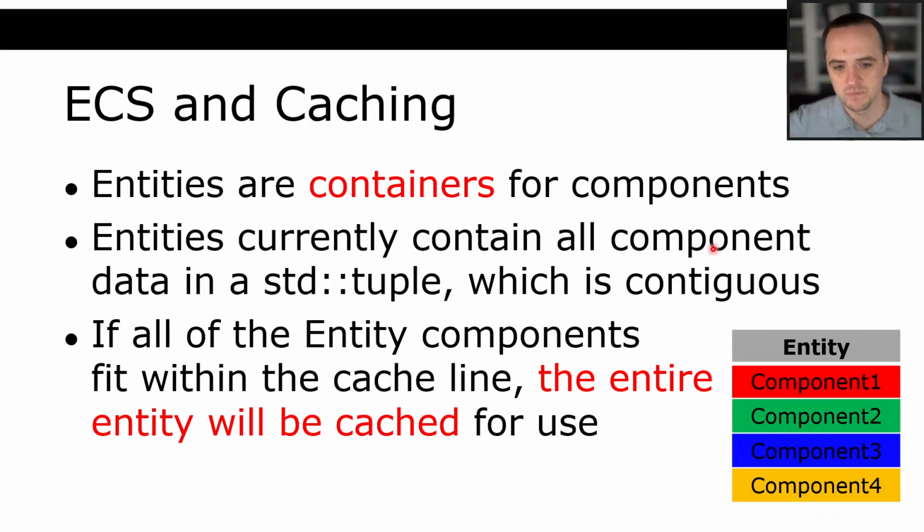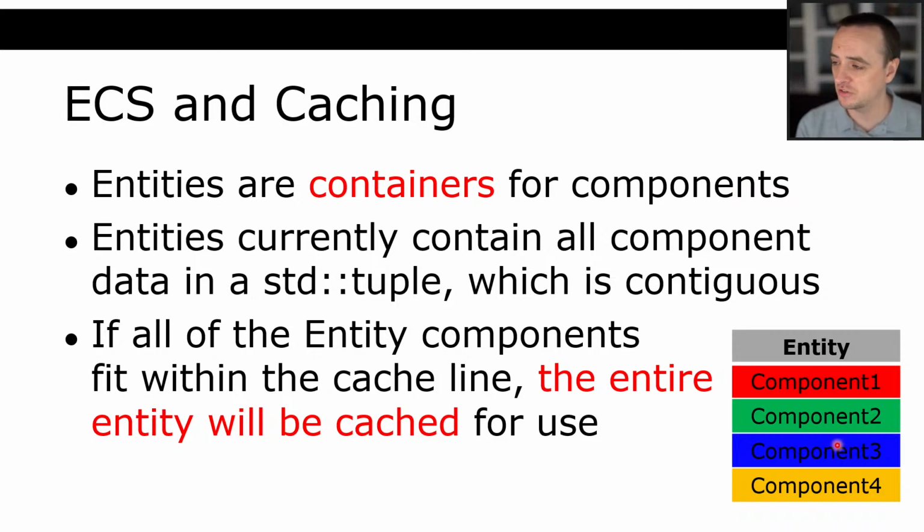That's really cool. So whenever we look up an entity, sure, there's a cache miss because it was a shared pointer, but all of the component data is stored contiguously within the entity. And so that means when we look up component 1, we also have component 2 in the cache for free.